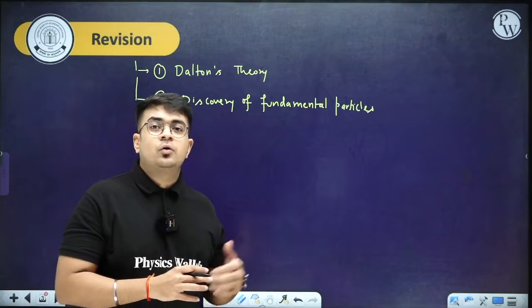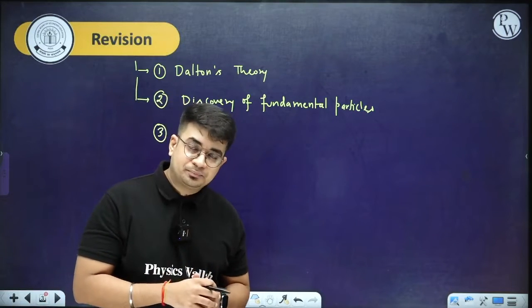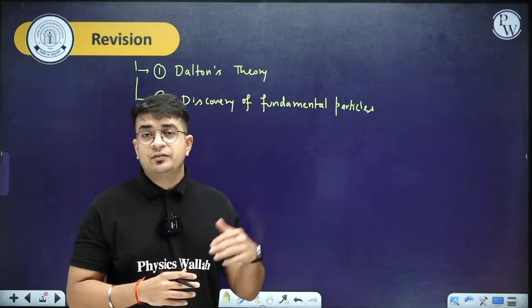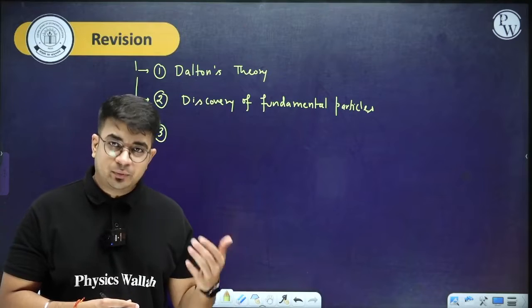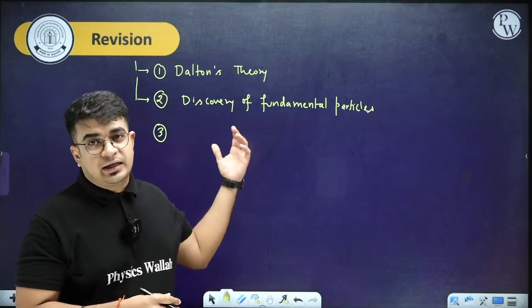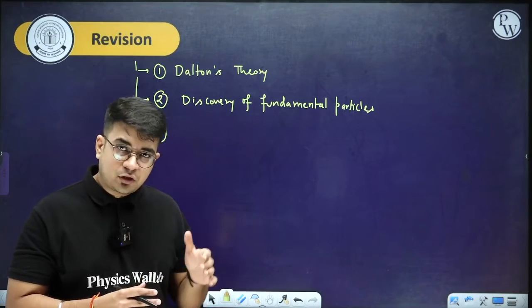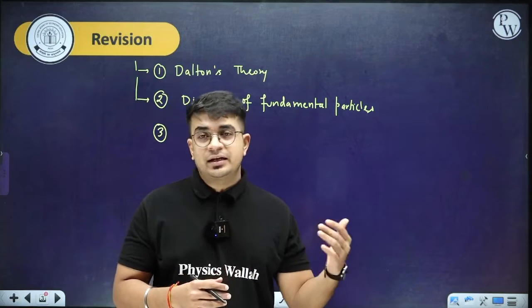Then we discussed the basic idea about the atom. While discussing the basic relations related to the atomic structure, we found that in the case of electrons, the movement somewhat looks like a wave.